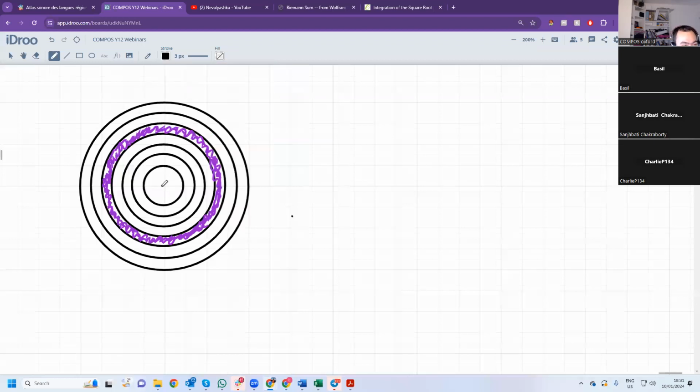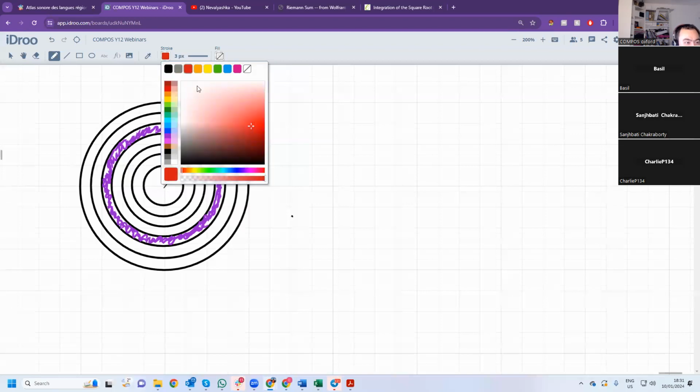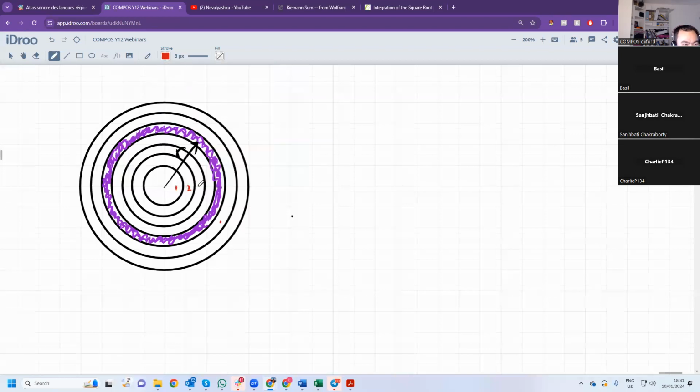So let's take a ring of radius r. It's the ith ring. If you number the rings 1, 2, 3, 4, and this is ring number i, then ring number i has radius r_i.